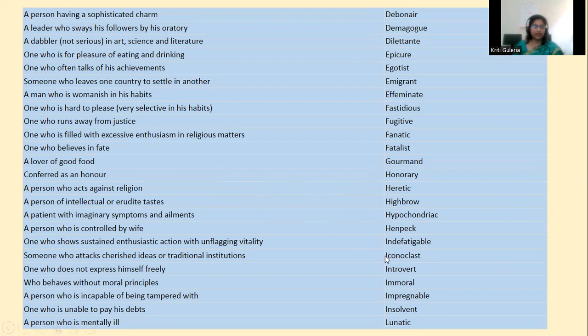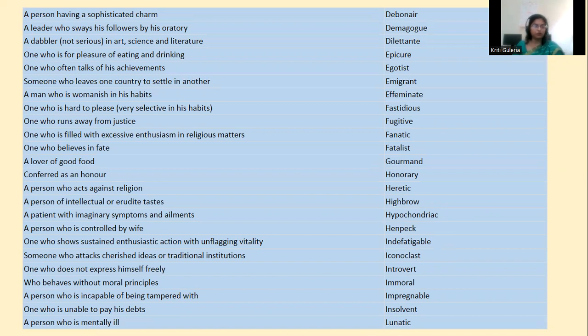One who shows sustained enthusiastic action with unflagging vitality: indefatigable. Someone who attacks cherished ideas or traditional institutions is referred to as an iconoclast. One who does not express himself freely: introvert.